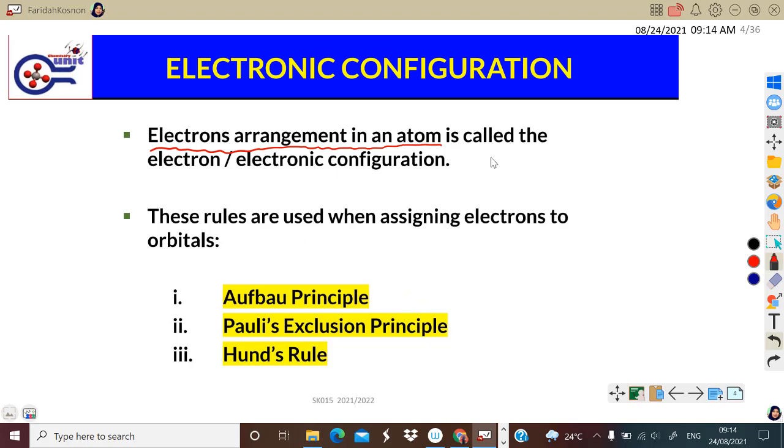So it is called the electronic configuration. To write the electronic configuration, these rules are used when assigning electrons to orbital. Okay, we have to obey these rules or principles. We have Aufbau principle, Pauli's exclusion principle, and Hund's rule.